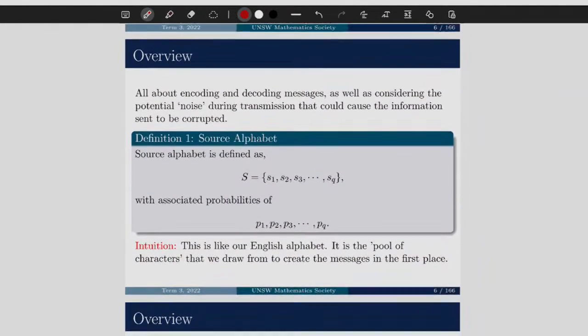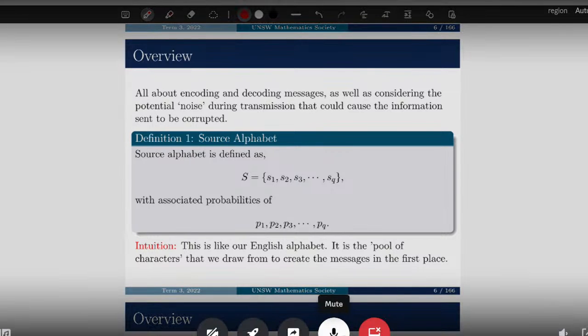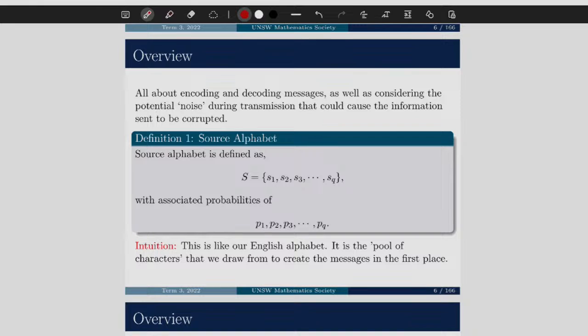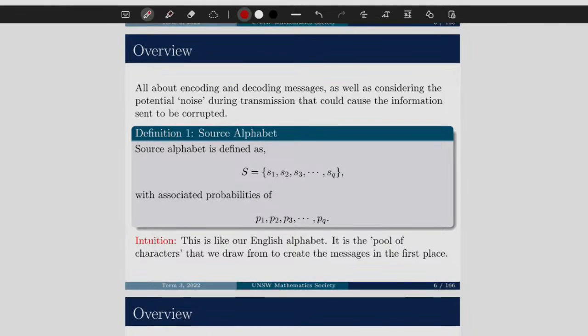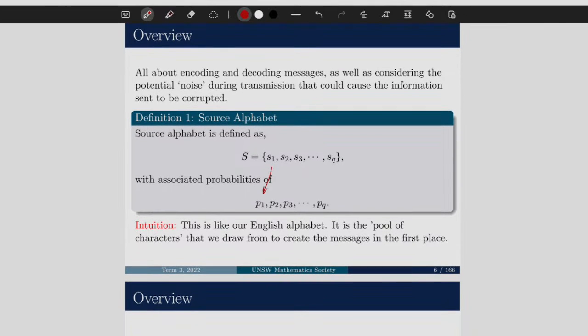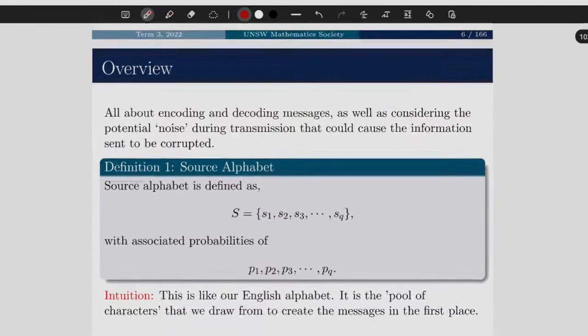Okay. So, very quick definitions that I'm just going to throw in. Source alphabet. A source alphabet is seen as a set of symbols or words which build up all of the words that we need. And they have an associated probability. For example, the probability of this symbol showing up is P1. The intuition behind it you can think of as our English alphabet.